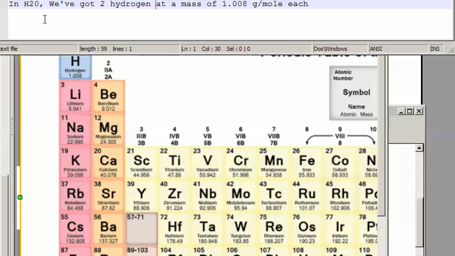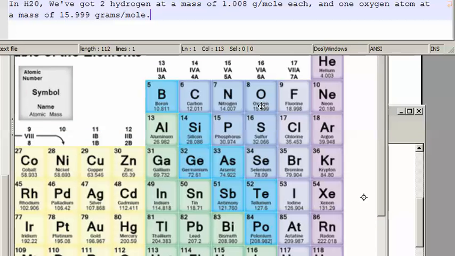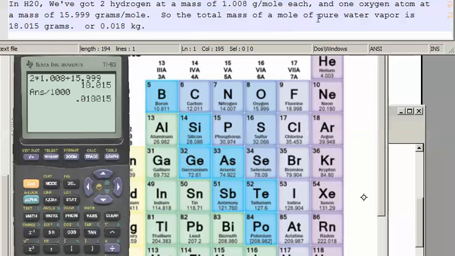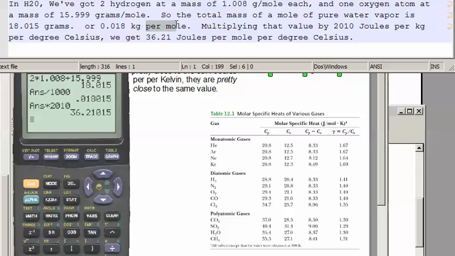So in H2O, we've got 2 hydrogen at a mass of 1.008 grams per mole each, and 1 oxygen at a mass of 15.999 grams per mole. So the total mass of a mole of pure water vapor is 18.015 grams, or 0.018 kilograms, per mole.